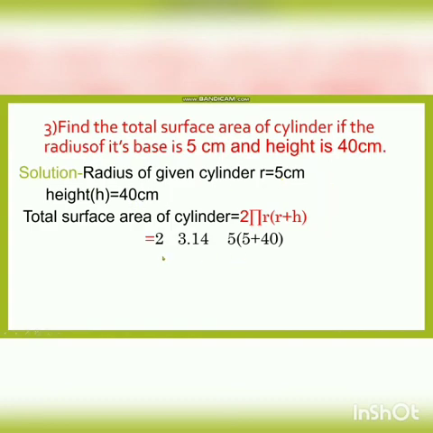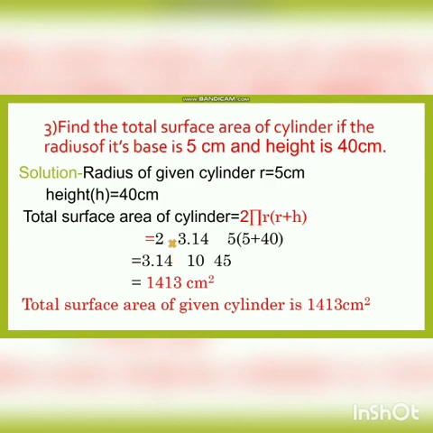So putting the value in next step, total surface area of cylinder is equal to 2 into 3.14, the value of pi, into 5, the radius, into bracket 5 plus 40.